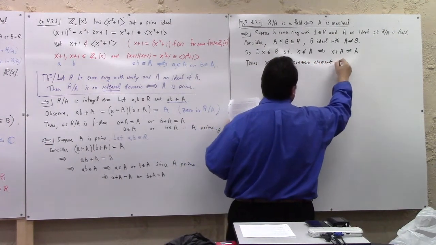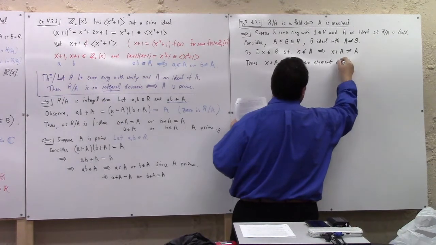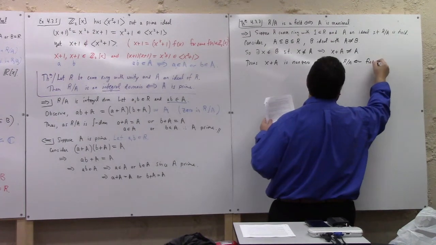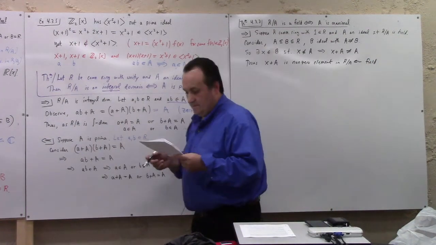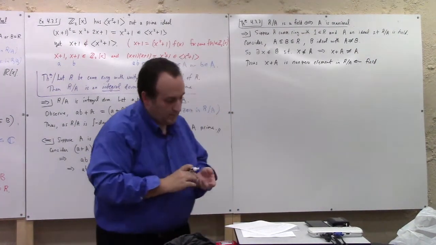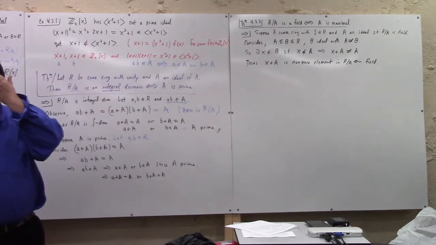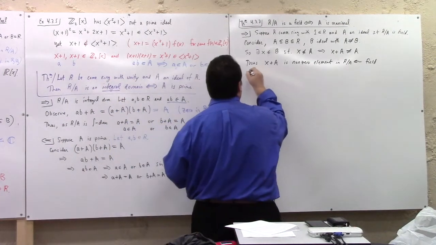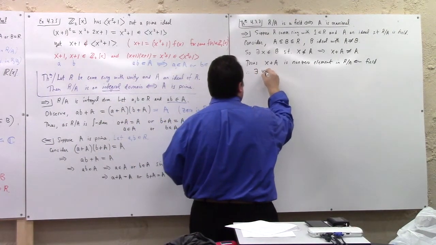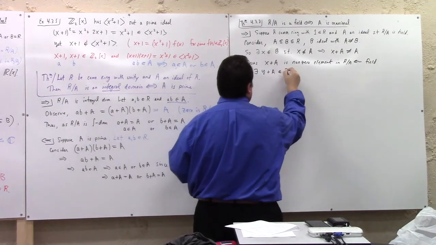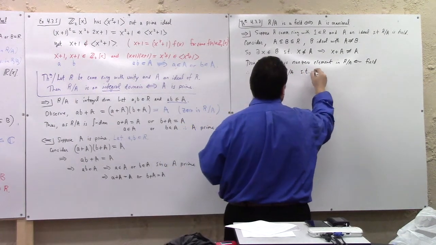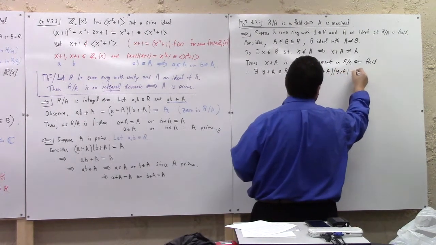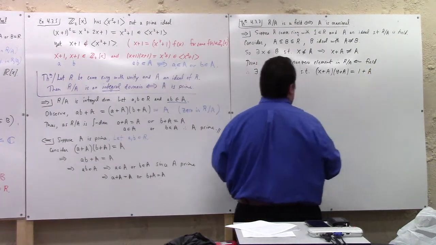What does that mean? Remember, we're assuming this is a field. So there must be a multiplicative inverse, right? What does it mean to have a multiplicative inverse in this context? So there exists y plus A in this, such that x plus A times y plus A equals 1 plus A, because that's the multiplicative identity.